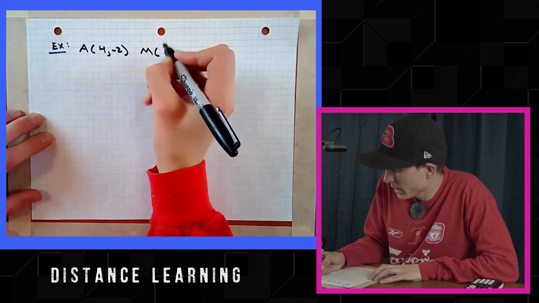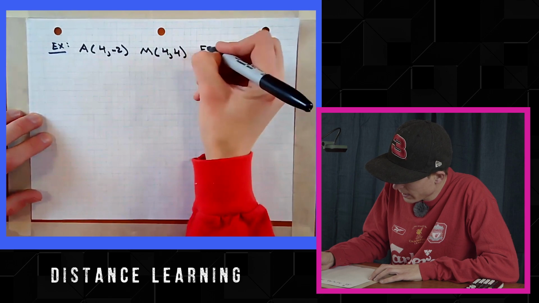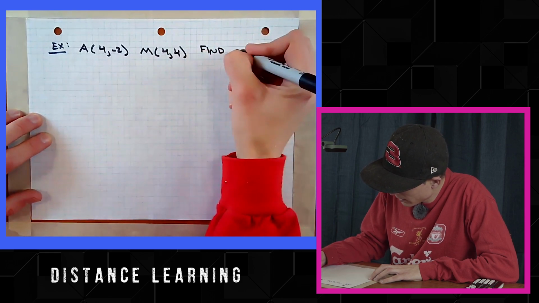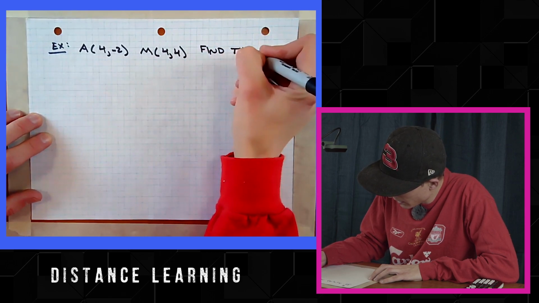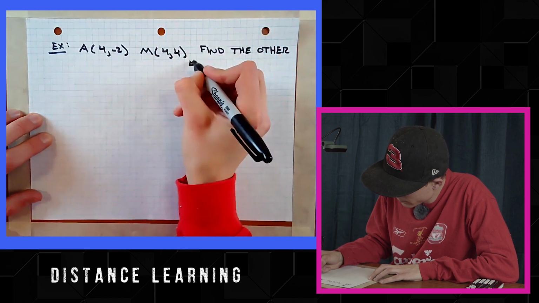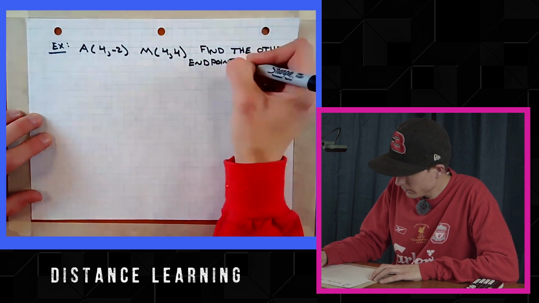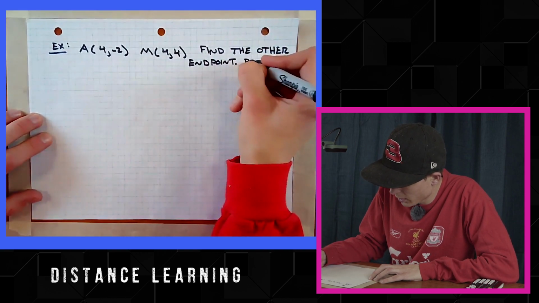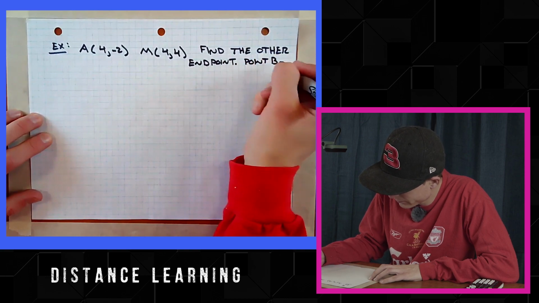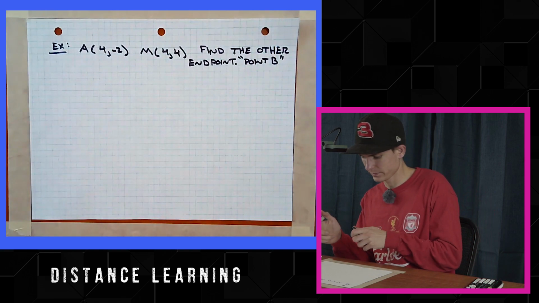They give you the midpoint, hence the m. They want you to find the other endpoint. We're gonna call it point B. It's gotta get a name, it's getting B.